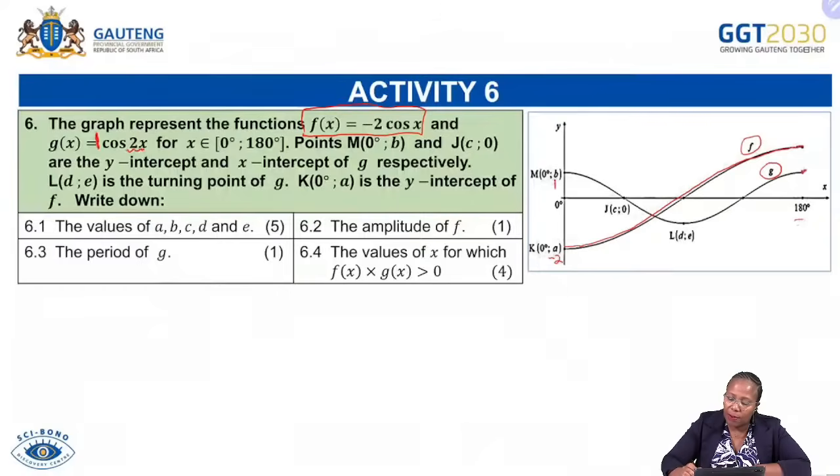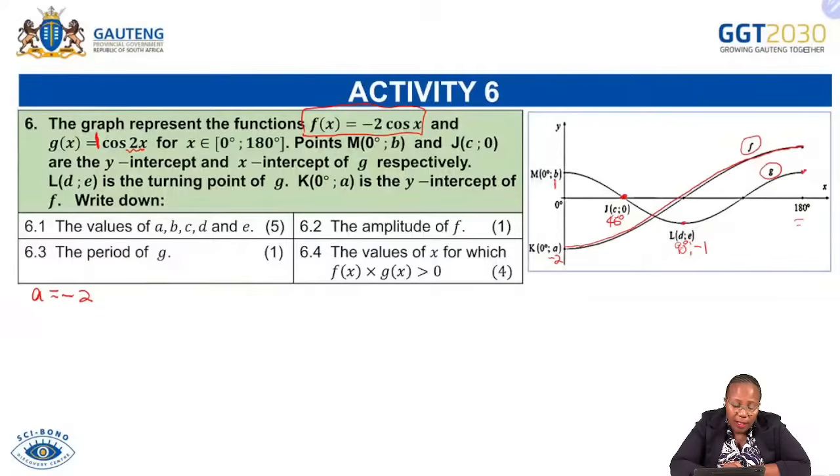So instead of 90 here, we will have 45, and instead of 180 here, we will have 90 degrees. And with the amplitude being 1, it will also be minus 1 down there. I think that is all that we need for now. We have the values identified from the graphs. So what is A? A is equal to minus 2.